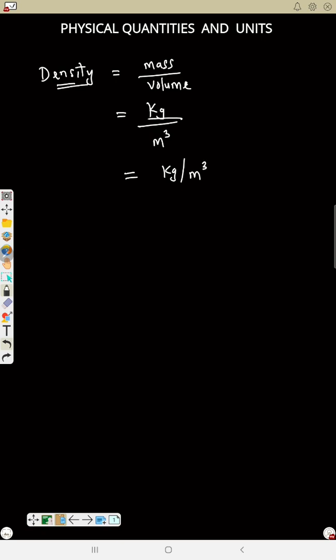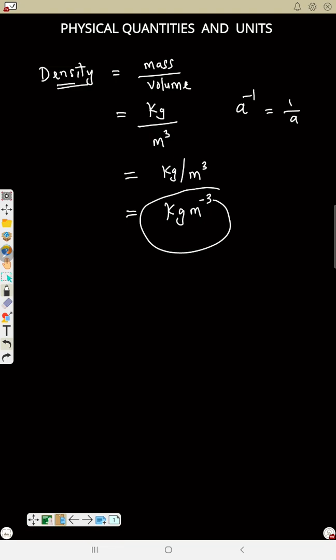Now in physics, this divide we turn to a slash. Or according to the law of indices, I can say this is kilogram, then m raised to power minus 3. As we know, in the law of indices, a raised to power minus 1 is 1 over a. So that is the unit for density, kilogram per meter cube.